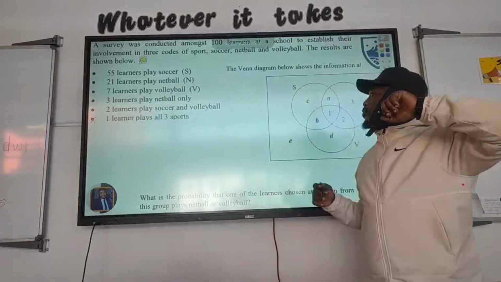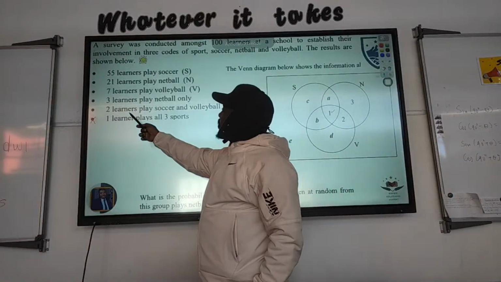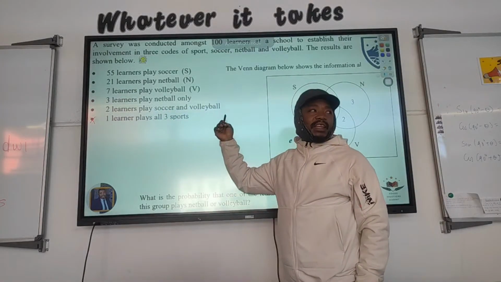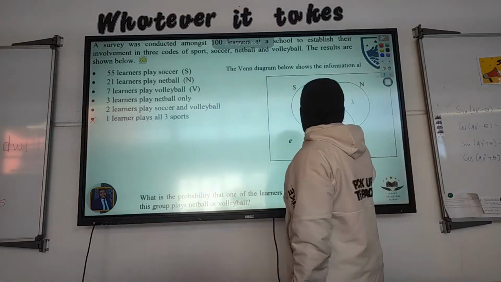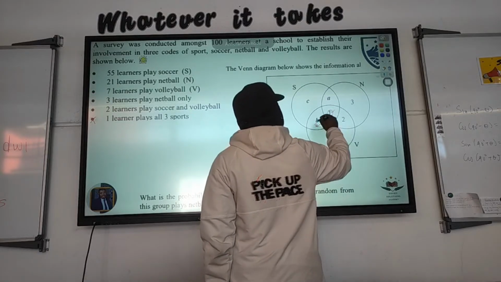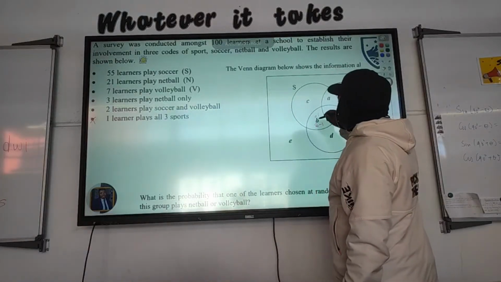We will not put 2 here. Why? Because it was not specific to say 2 learners that play soccer and volleyball only. So for us to get this value, we'll say 2, and then we minus the 1 that was already counted, and this will simply give us 1.